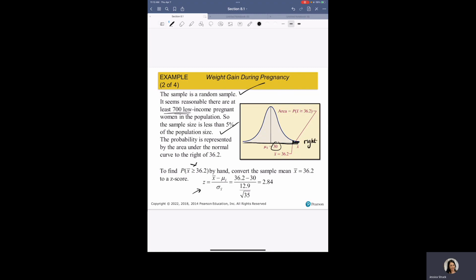So we know that when we calculate our z-score, we need to get the value from our z-chart, but then we're going to have to take one minus it, because we're not interested in the area to the left. We're interested in the area to the right. We calculate the z-score, because we're talking about means, using sigma x bar, which is given as sigma divided by the square root of n.